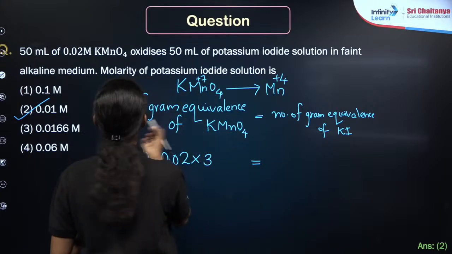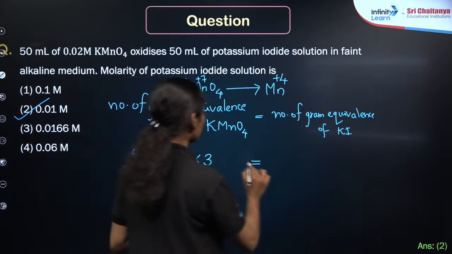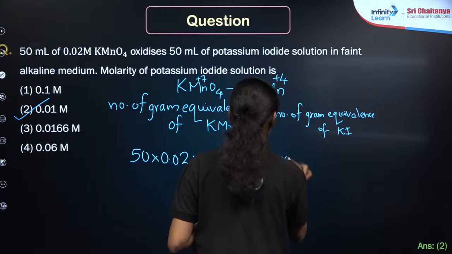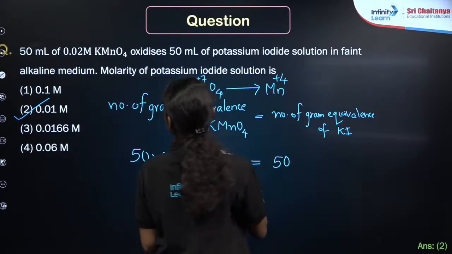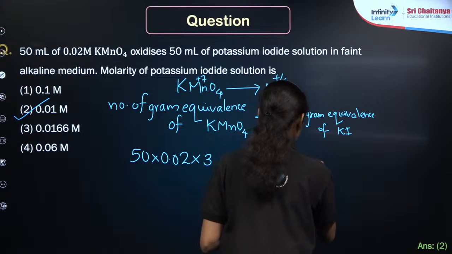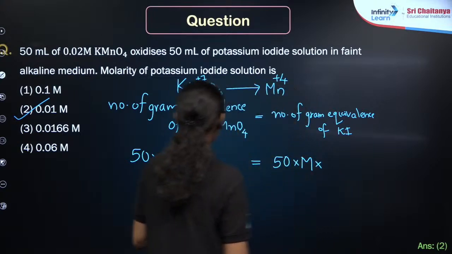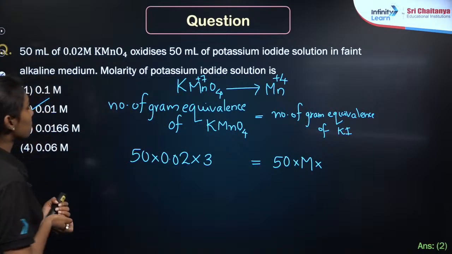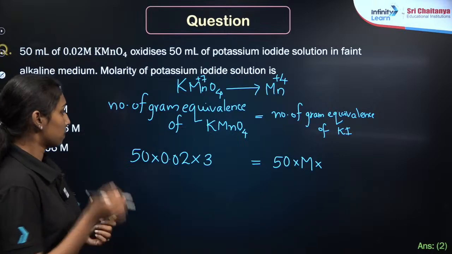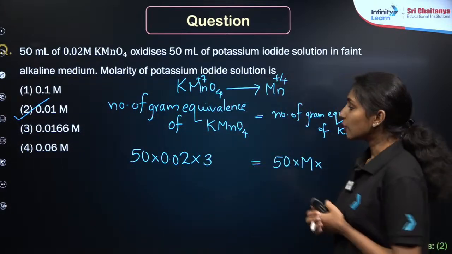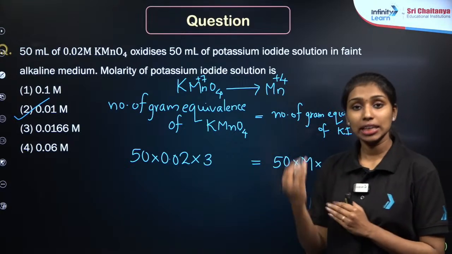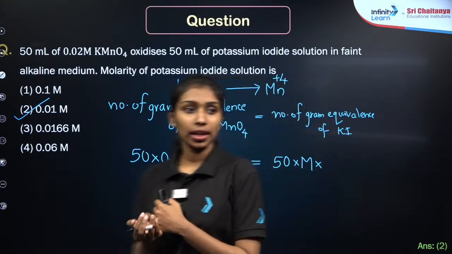Then here again 50 ml into, what will be the n factor here? We have to find out the molarity, right? So I am taking molarity here. What will be the n factor? N factor means the number of electrons gained or lost during the reaction, right?